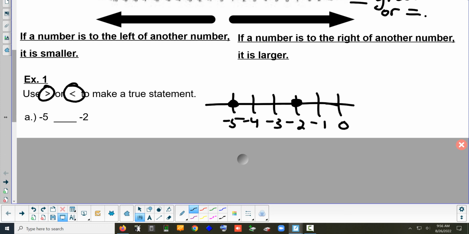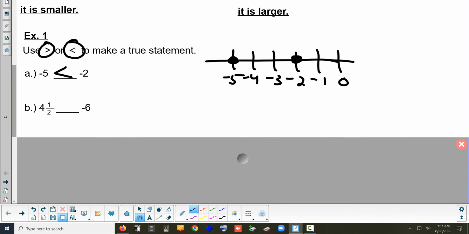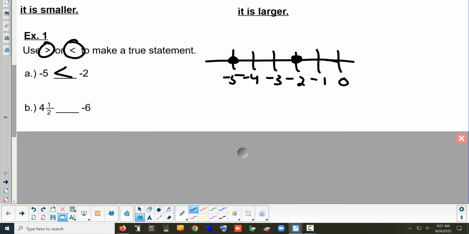Joseph? Less than. Yeah, that's less than. -5 is smaller than -2 because -5 is to the left of it. Any question on that? All right. The next one, B, says 4.5 and -6.